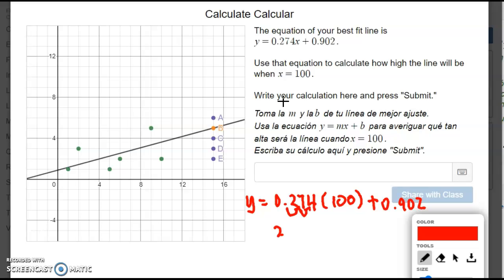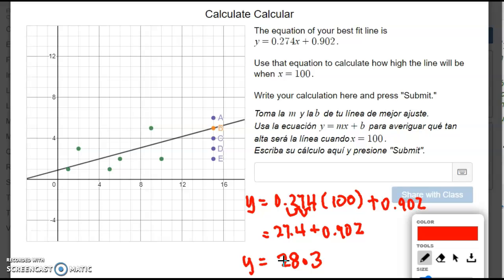So it is actually 27.4 plus 0.902. So y is going to be 36.0. Oh, okay, my bad. The correct answer should be 28.3.